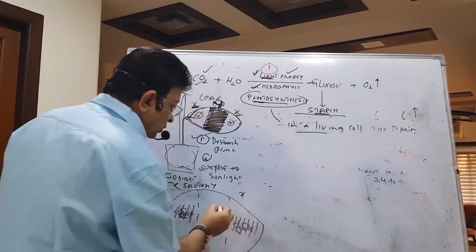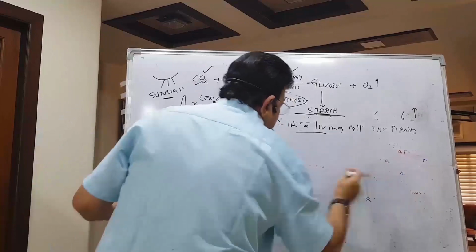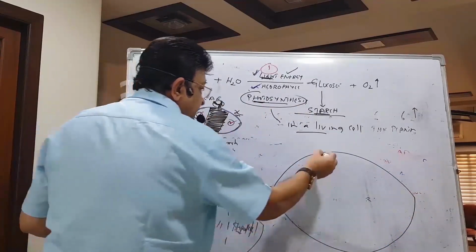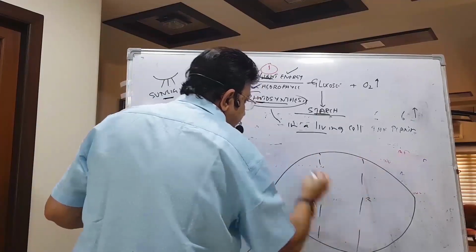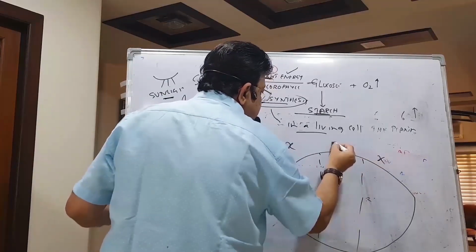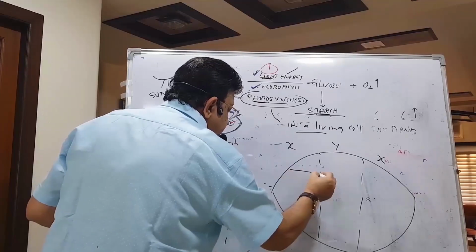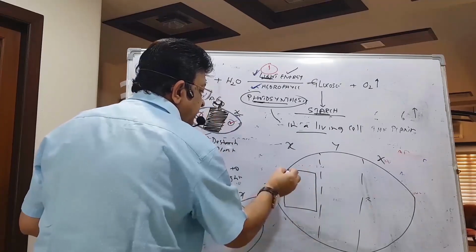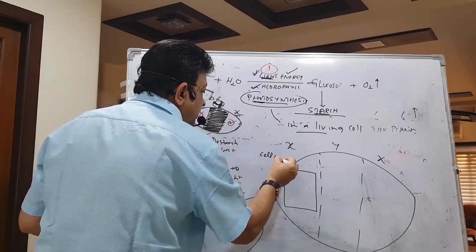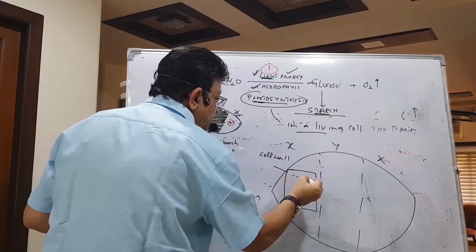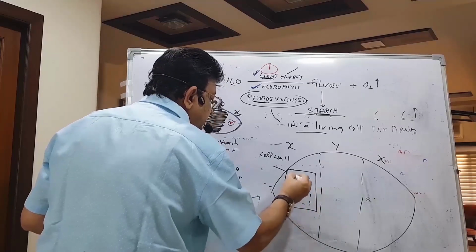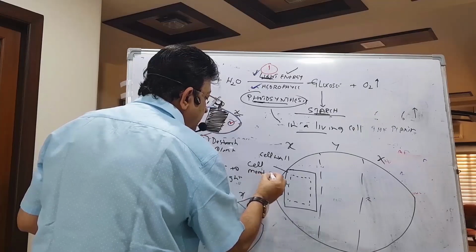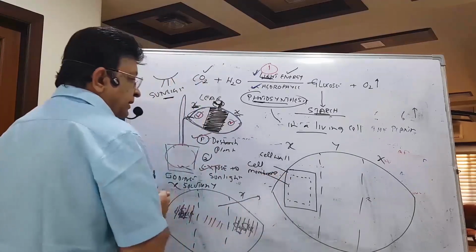So now I'm drawing this. Look here, the same thing I'm drawing here to give you an idea. The same leaf. This is that area. This is X. This is X. This is Y. I'm drawing a cell here. This is the cell made up of cell wall. This then is the cell membrane.